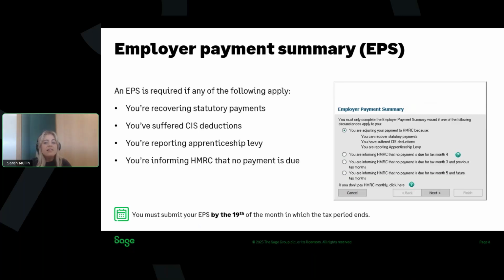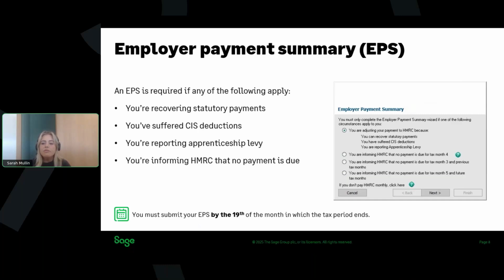So that claim is only sent once a year. But for the items that you've reclaimed or apprenticeship levy that you might need to pay, these are reported at the end of each month as part of an employer payment submission. So those are the items that you would see on an EPS.